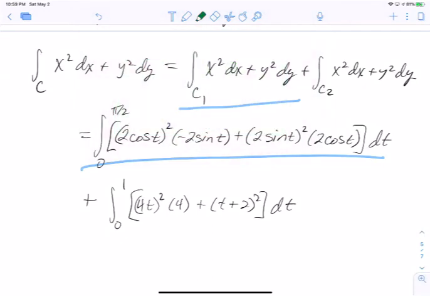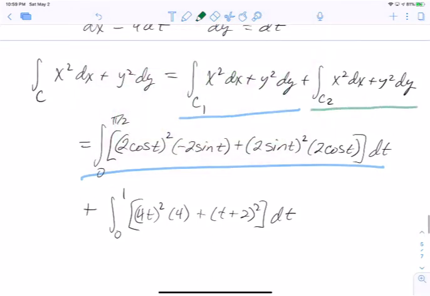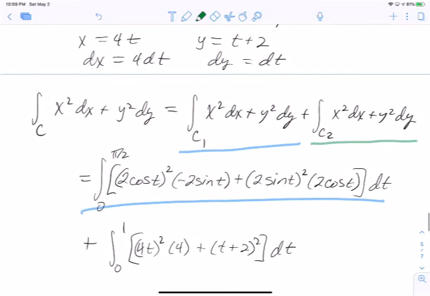In a similar way here, for C2, using the description of C2, x is equal to 4t, that's the parameterization. Y is equal to t plus 2, so (4t) squared, (t plus 2) squared, and then for dx, we include the 4, and for dy, it's essentially 1.